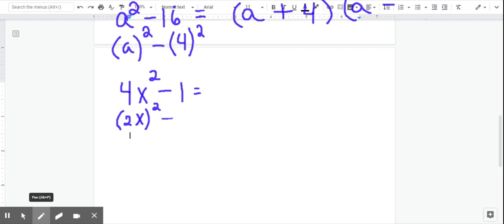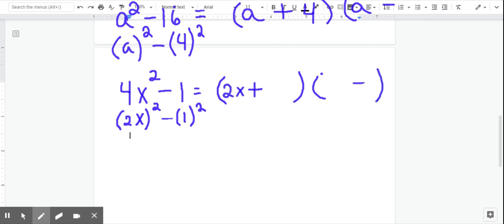What squared gives us 1? 1, 1 times 1. So it factors into the sum and the difference of the same two terms: 2x and 2x, and 1 and 1.